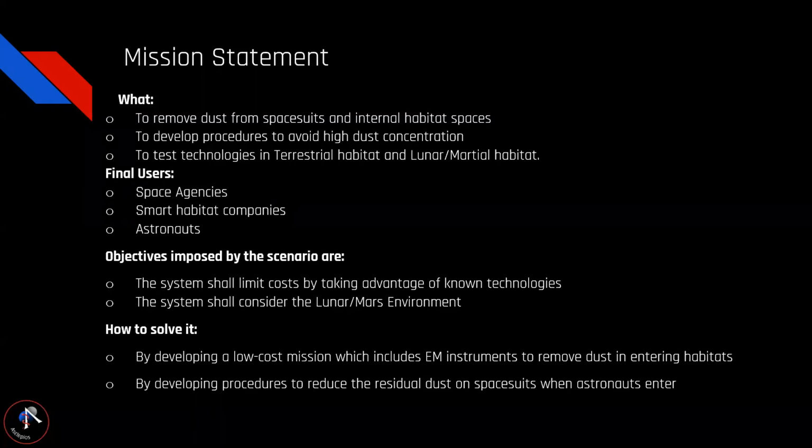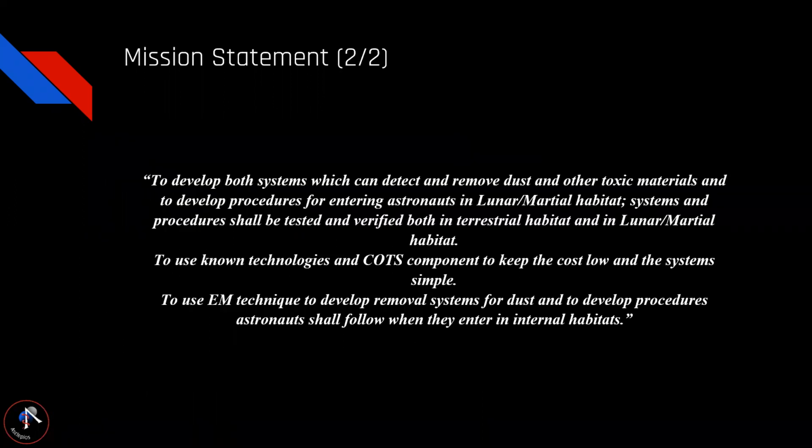You can also see the final user, the constraints imposed by the scenario, and the way we would like to develop this solution. So basically it's an electromagnetic solution. Here you can see briefly the statement, but it's not very important.